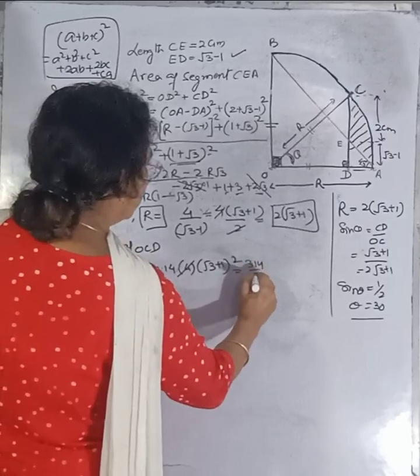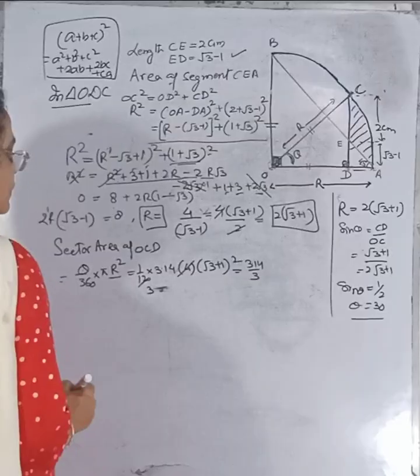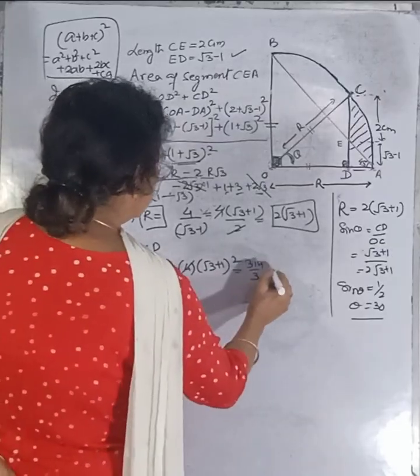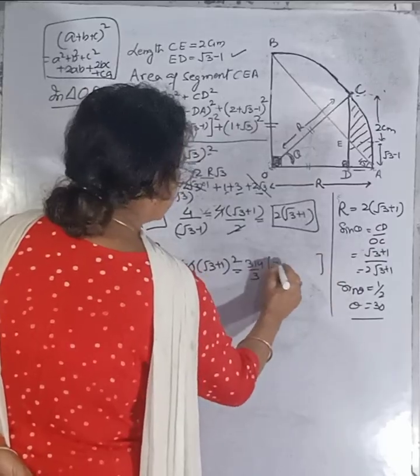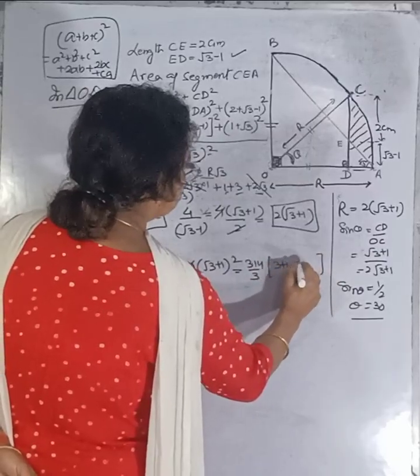So it can be written as 3.14 upon 3 into the square of this. The square of this is equal to 3 plus 1 plus 2 root 3.